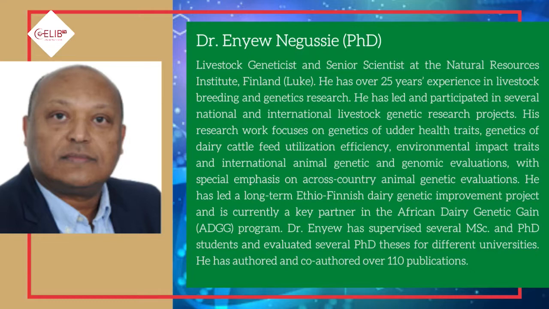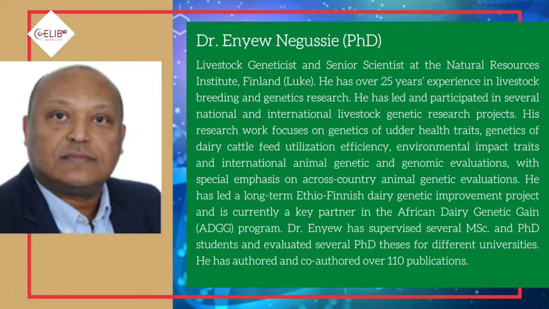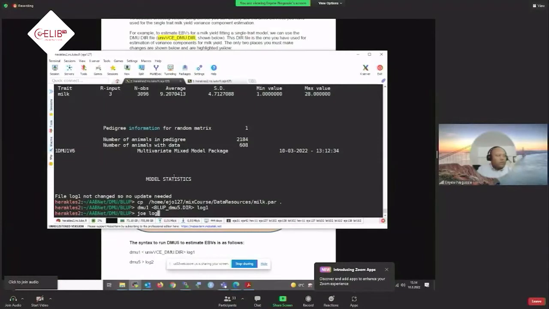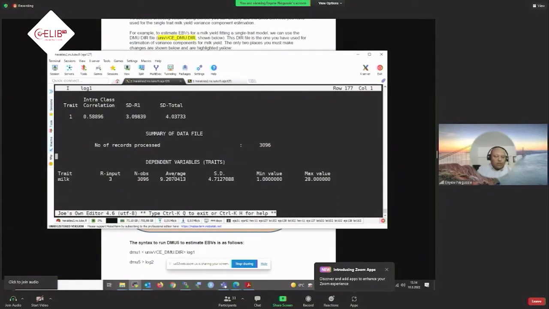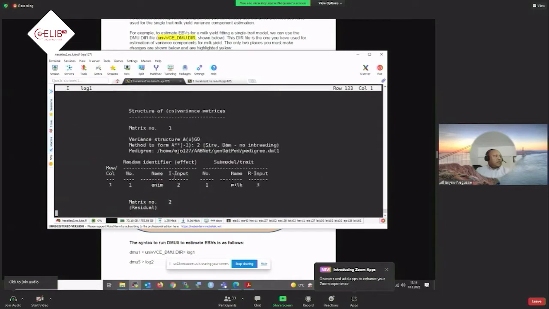Okay, here it gives the description of the data: 3,000 observations, average milk yield is this much. Log 1, control. Okay. Let us see now.